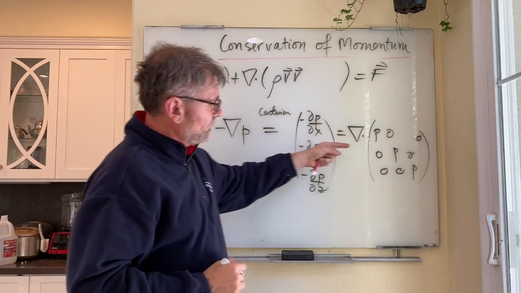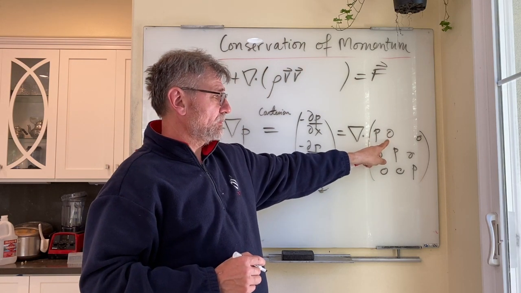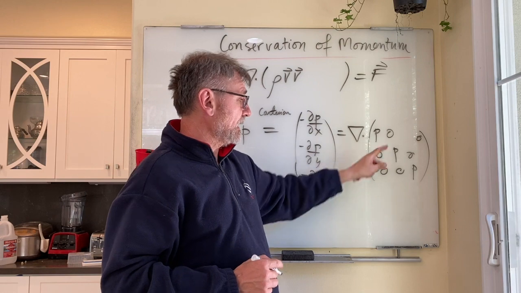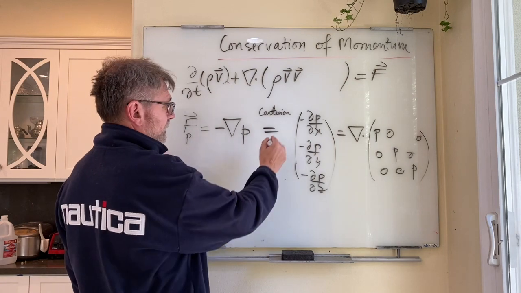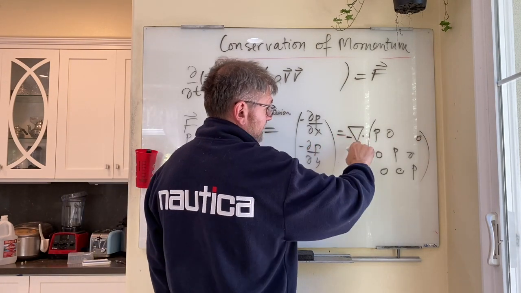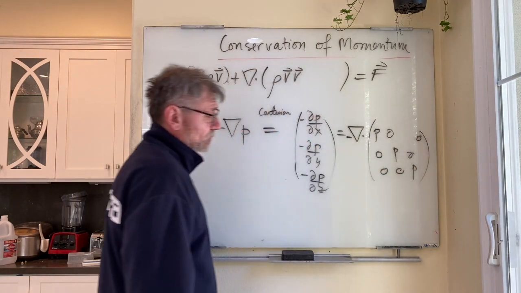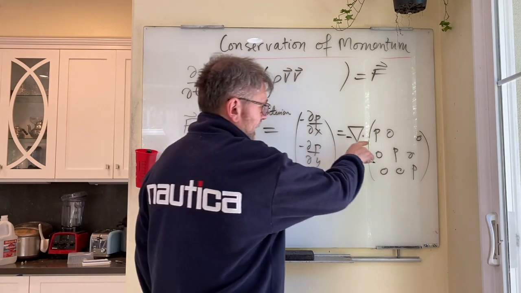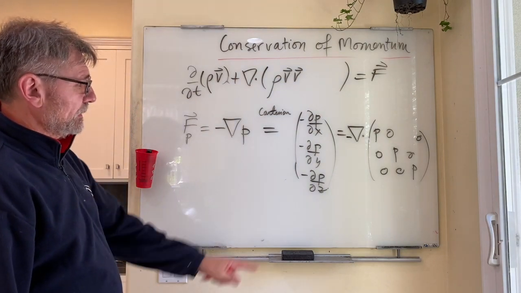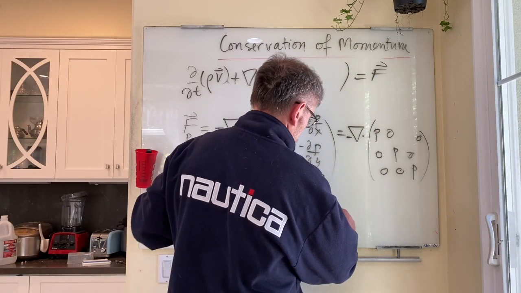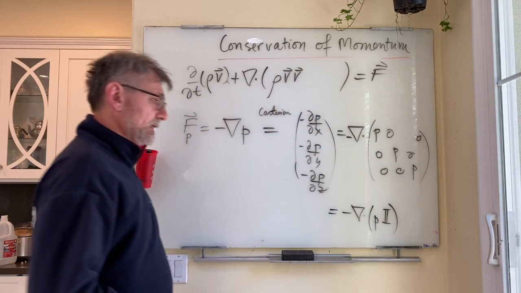The reason is that if I take the divergence of the first row, what I get is dp dx plus d0 dy plus d0 dz, so I just get dp dx. With the minus sign, the divergence of the first row gives me minus dp dx, of the second row minus dp dy, and of the third row minus dp dz. And so we can see that this is the same thing as minus div dot P times the identity matrix, or the identity tensor.